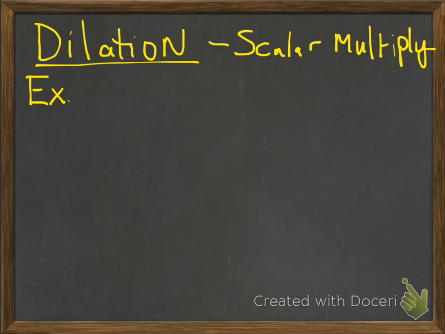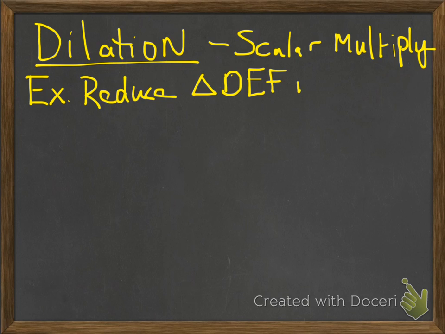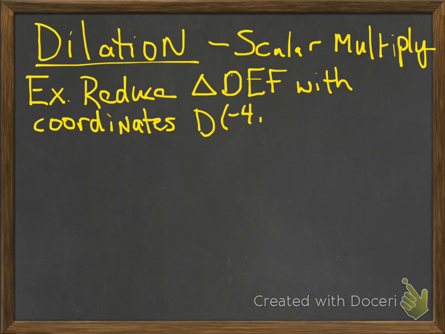All you got to do is, let's say I give you another triangle. Let's say we reduce triangle DEF with the coordinates... the coordinates for point D are -4, 0. Point E, 4, -2.